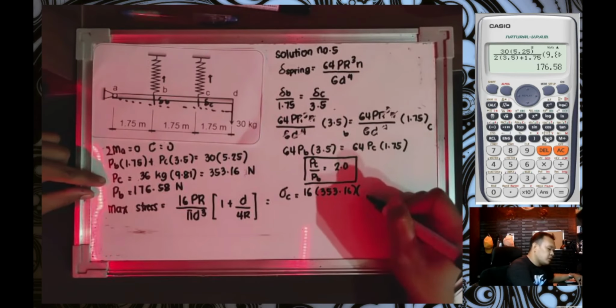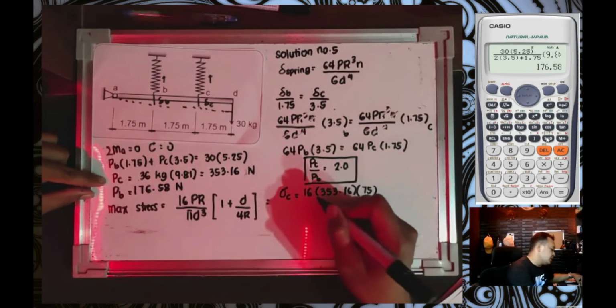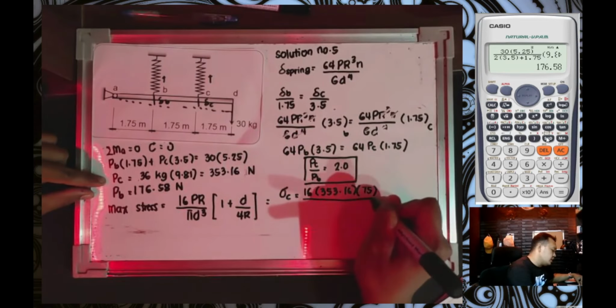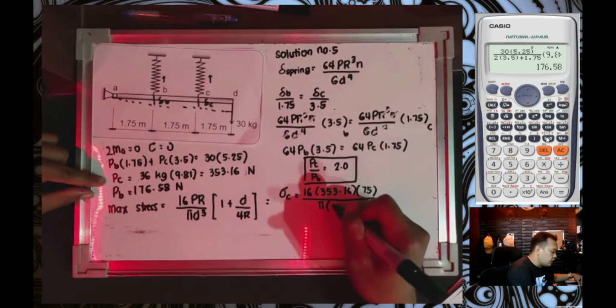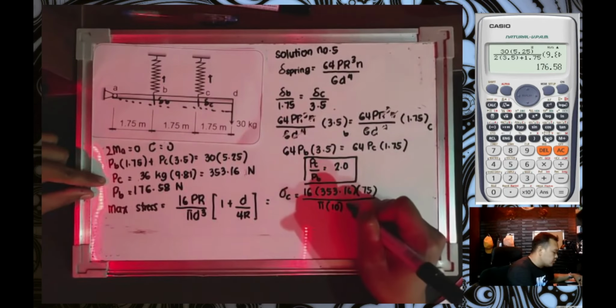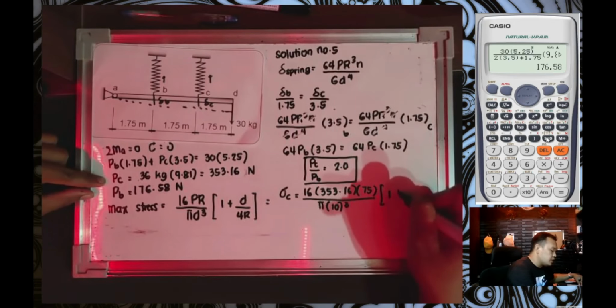Our radius is 75 mm since our D is 150. Divided by pi times 10 cubed multiplied by 1 plus D, which is 10, all over 4 times 75.